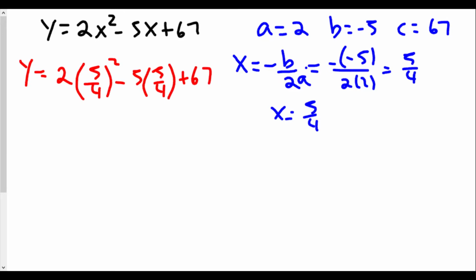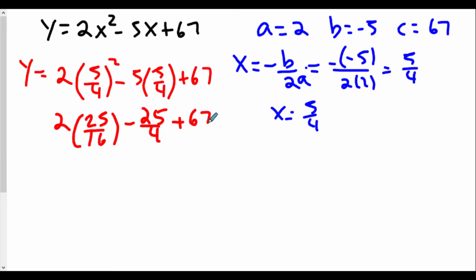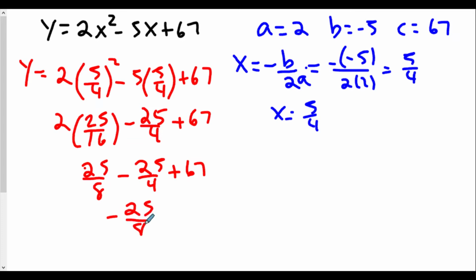Well, we distribute this here, we get 2 times 25 over 16 minus 25 over 4 plus 67. 2 times 25 over 16 becomes 25 over 8 minus 25 over 4 plus 67. And 25 over 8 minus 25 over 4 is going to be negative 25 over 8, because 25 over 4 is the same as 50 over 8, so 25 minus 50 is negative 25 over 8, plus 67.